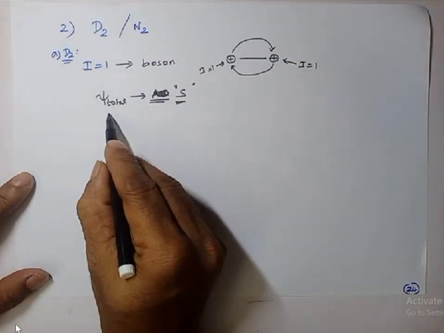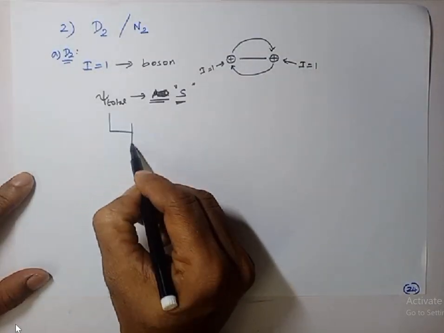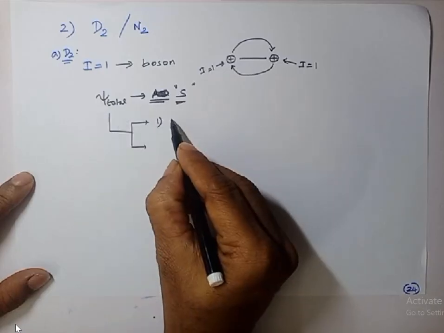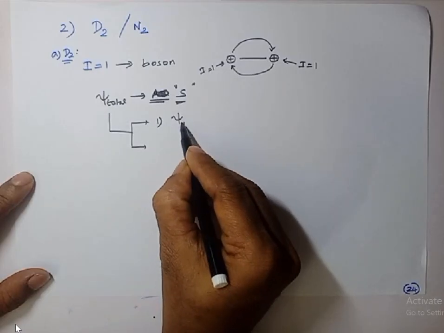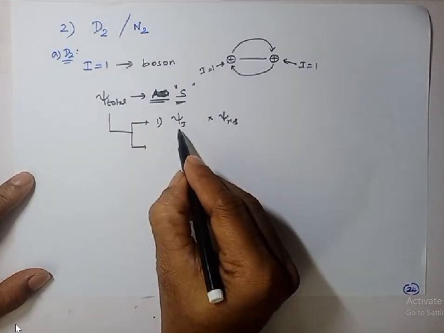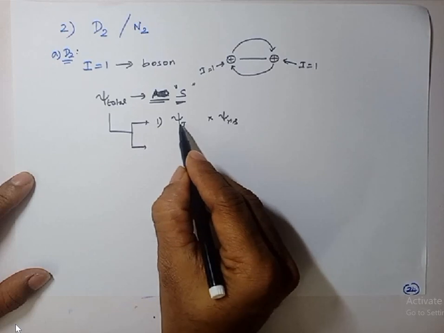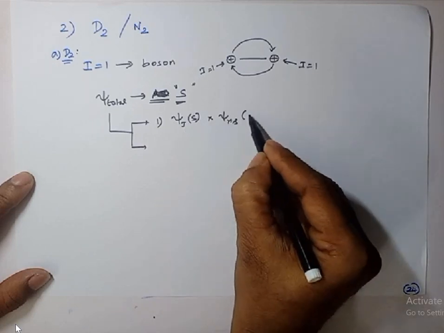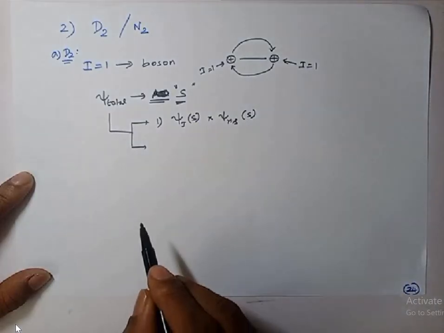Total wave function symmetric means there are two possibilities. What are the two possibilities? Number one, you know very well, the total wave function is nothing but psi J into psi nuclear spin, correct? If psi J, the rotational state wave function, is symmetric, then the nuclear spin must also be symmetric. Why?